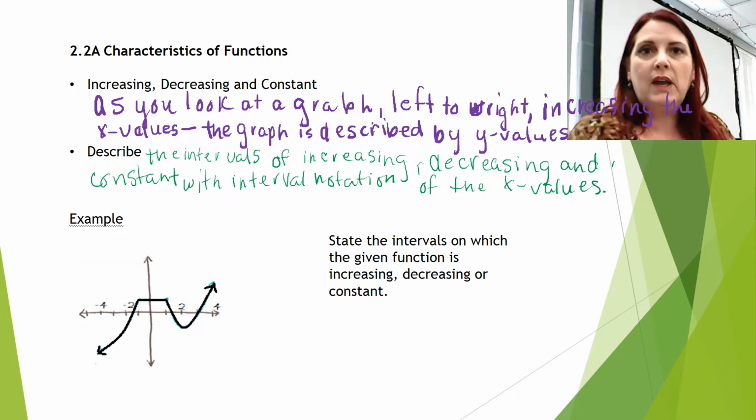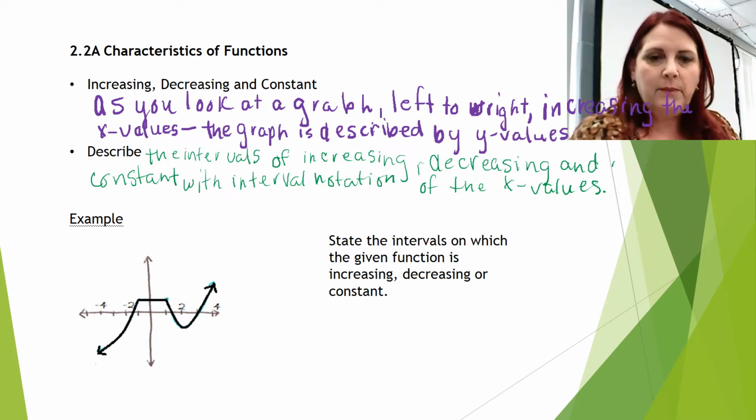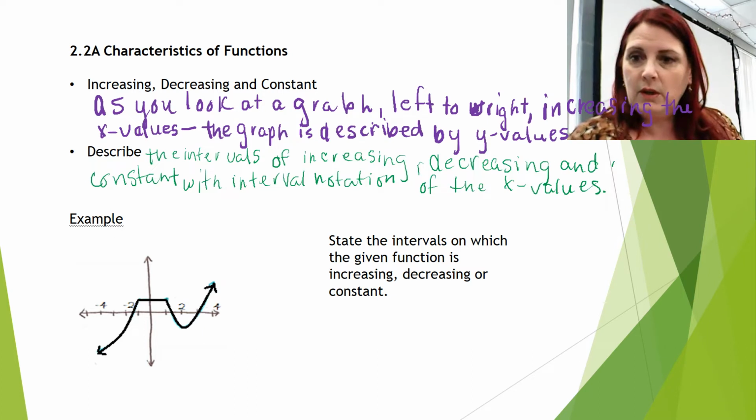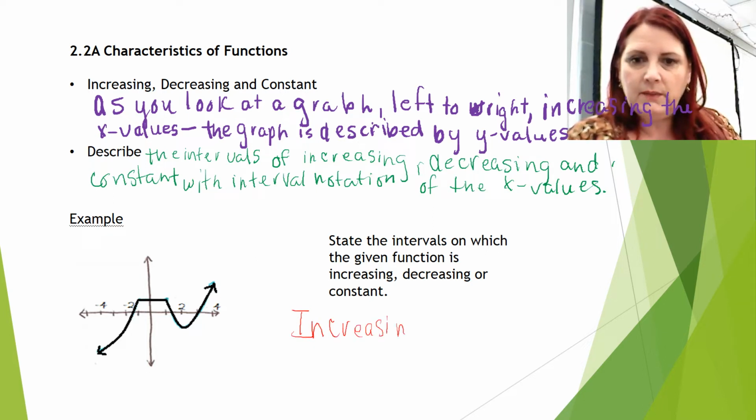So let's take a look at the graph that's down there. We're going to state the intervals on which the given graph is increasing, decreasing, or constant. The first thing I want to look at is increasing. It's increasing starting at this arrow and going all the way up to here.